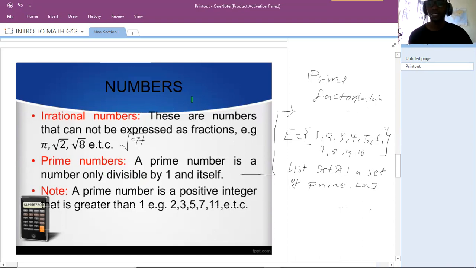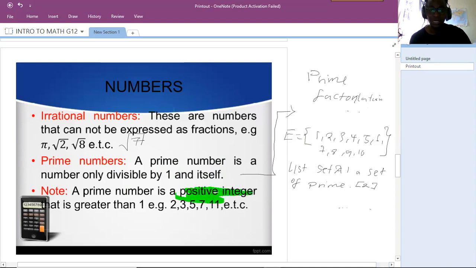So a prime number is a number that can only be divided by one and itself. But the interesting part about prime numbers is that they are positive integers. We do not have negative prime numbers. So a prime number is only divisible by one and itself, and it's always a positive integer.